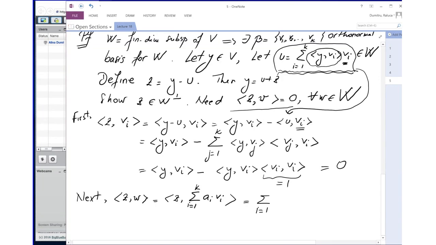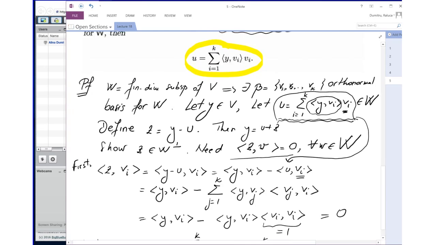I'm going to pull this out. It's linear in the second, except that the scalars go out in conjugate form. It doesn't matter though, because we've seen that the inner product between Z and any Vi is 0. Correct? So in conclusion, Z is in W perp.